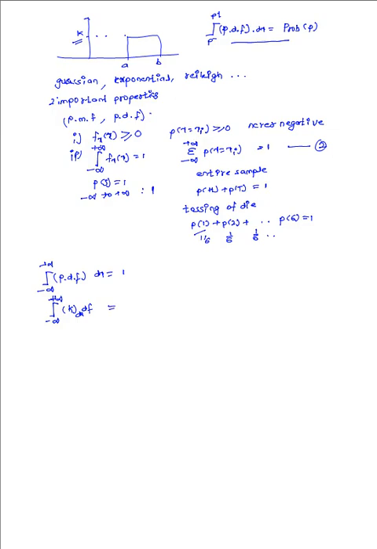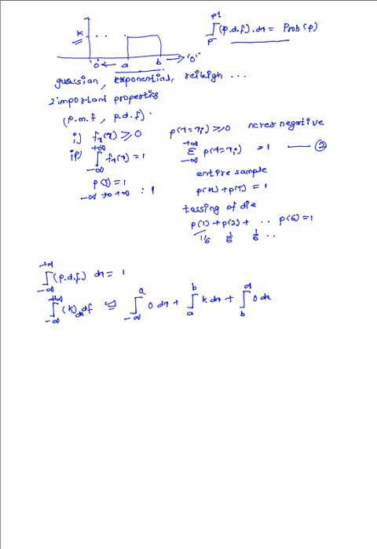So I am breaking down the integral as minus infinity to a of 0 dx, plus a to b of k dx, plus b to infinity of 0 dx, because in the graph above, for values more than b the probability density function takes a value of 0, and less than a it also takes the value of 0.